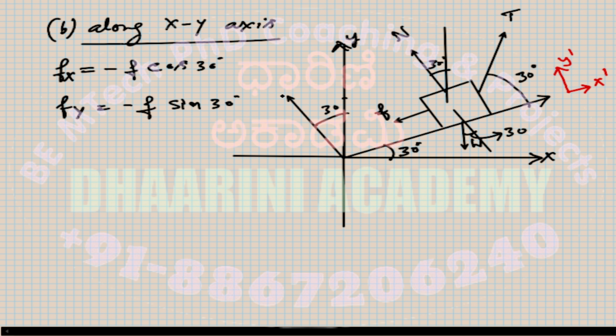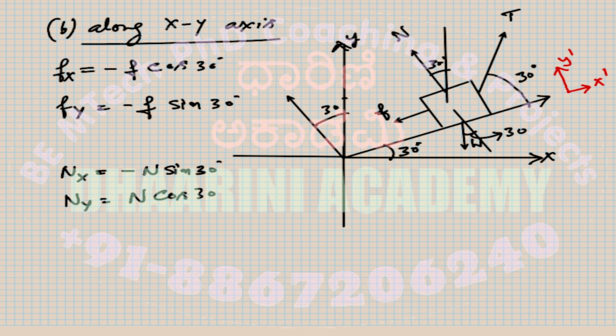Its magnitude is N, and it makes 30 degree with respect to the y axis. So in such cases, the N along x axis will be going to the left, so negative, minus N sine 30, and Ny is positive N cos 30. So we try to split this into x and y components, and we got this answer.